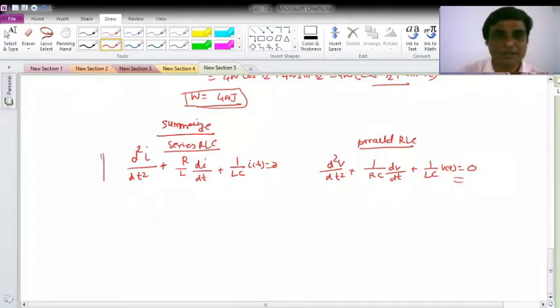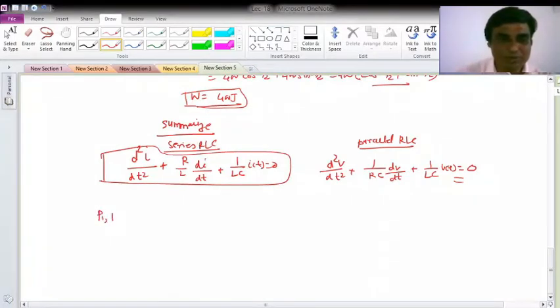Okay, now let me take this series RLC and find out the roots. So p1, p2, what will be the roots?